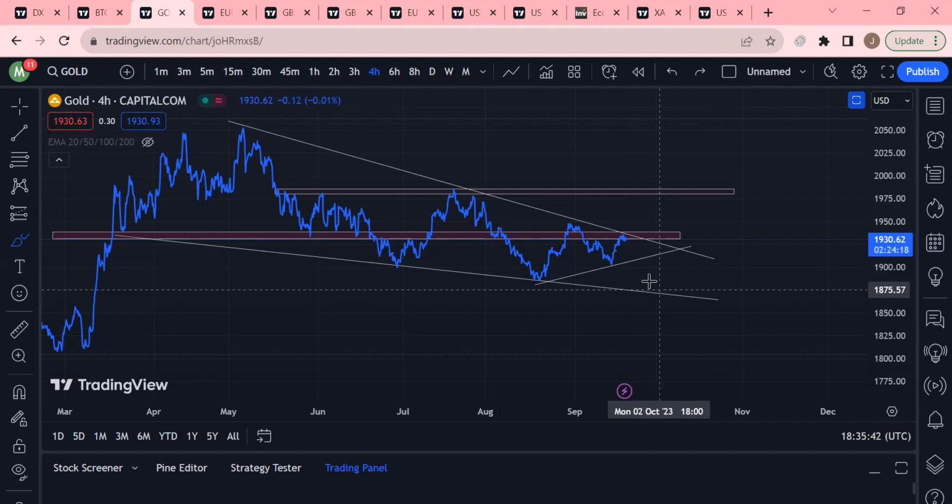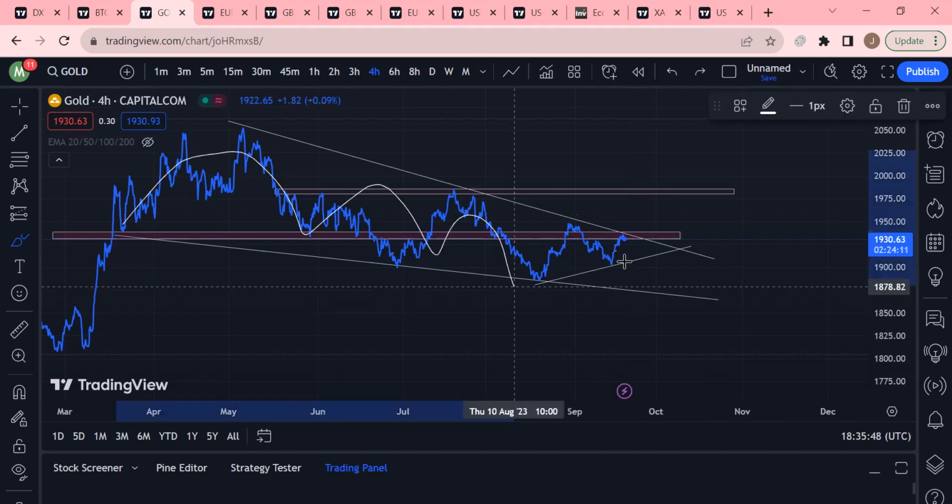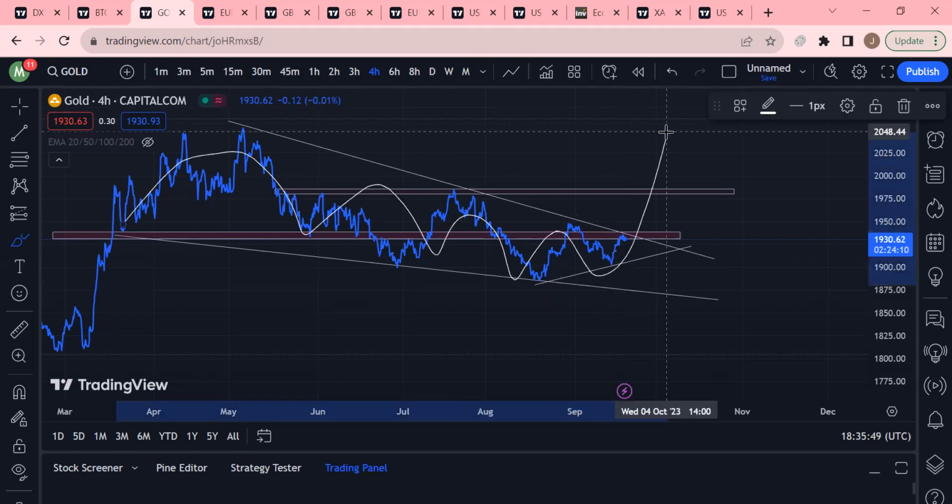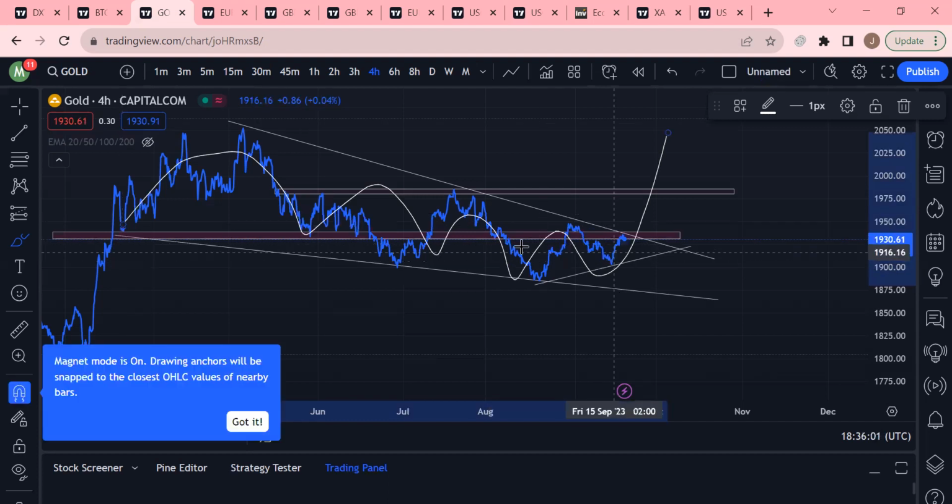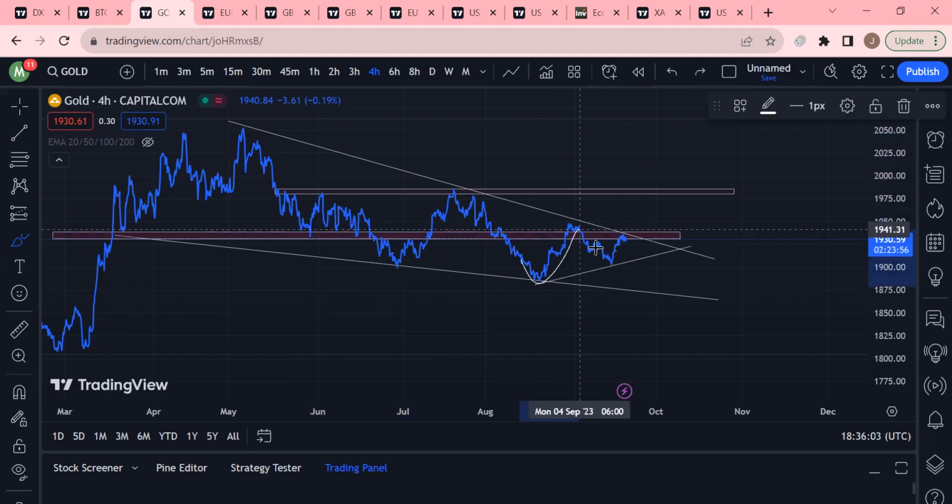So let's transfer this right now. Since we are getting a bullish vibe on gold right now, and the overall vibe is that gold is going to go back to the upside because it's inside a bigger bullish continuation pattern since the month of March 21st. We have been in this phase, a bullish continuation pattern to the upside, and it's showing us a minor bullish continuation pattern to the upside.